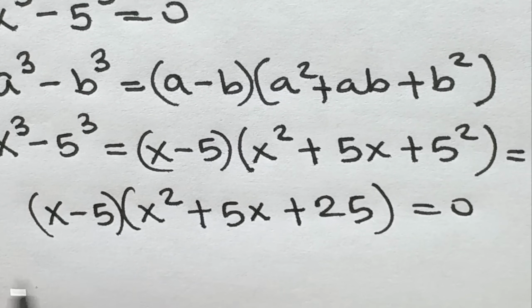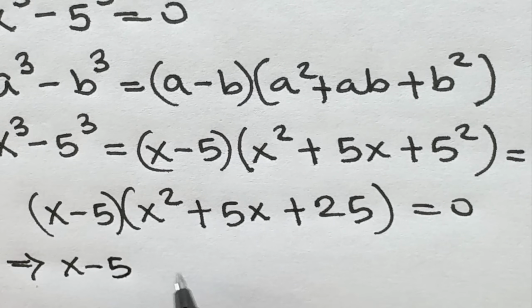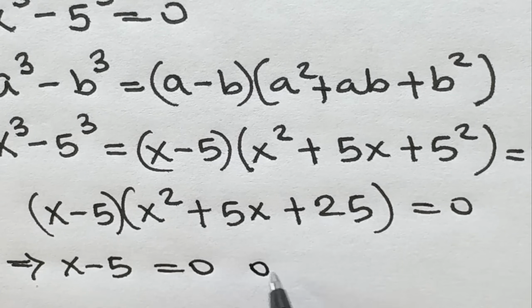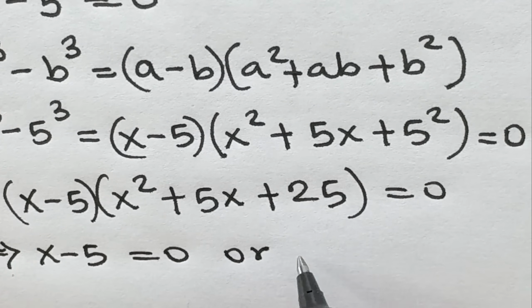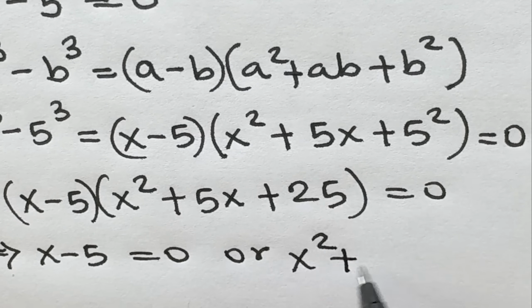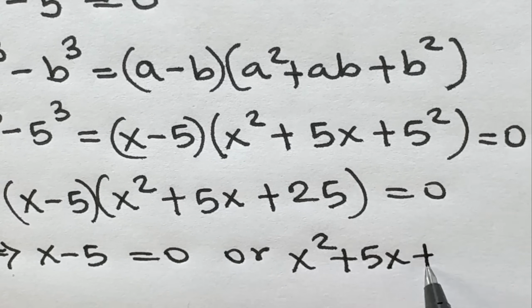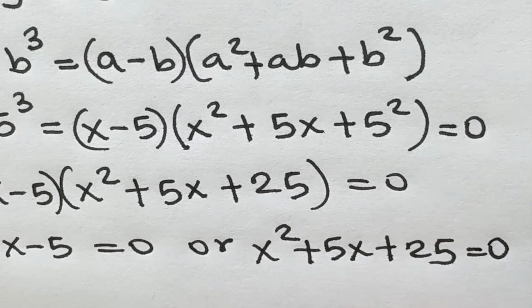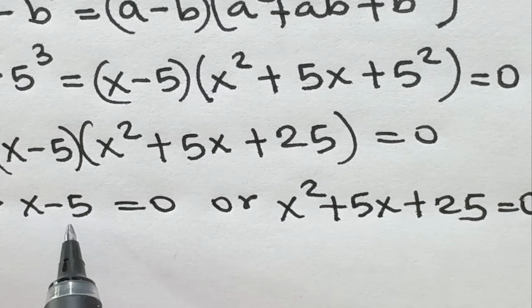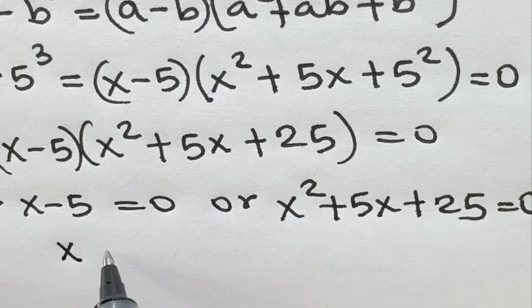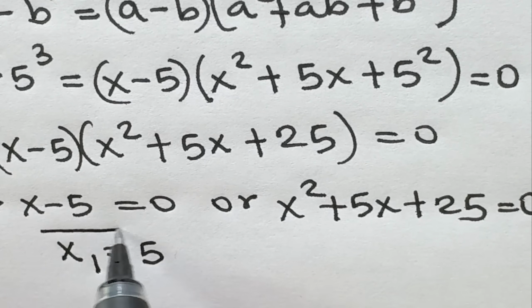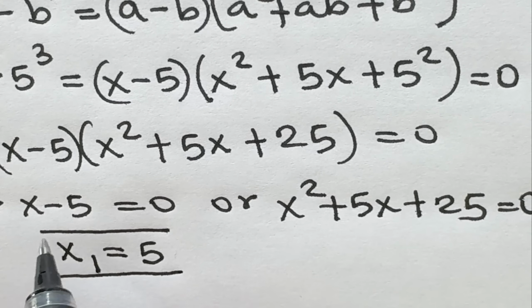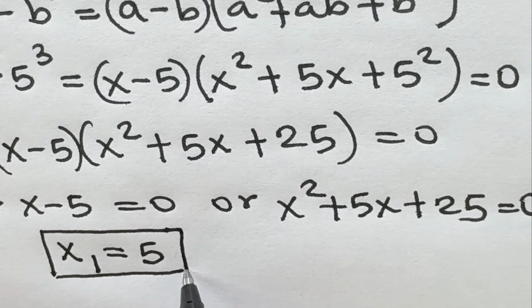So just like we did earlier, this also implies that either x minus 5 is equal to 0 or x squared plus 5x plus 25 is equal to 0. From the first equation, we get x is equal to 5. Let's call this x1. This is the first real solution for this problem.